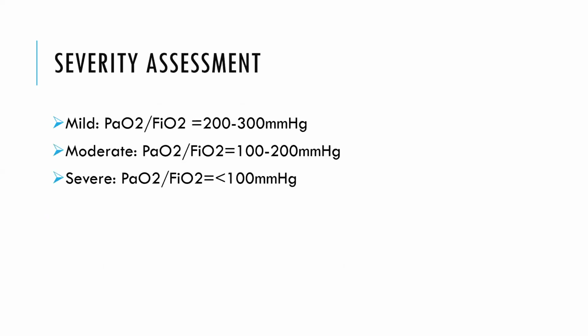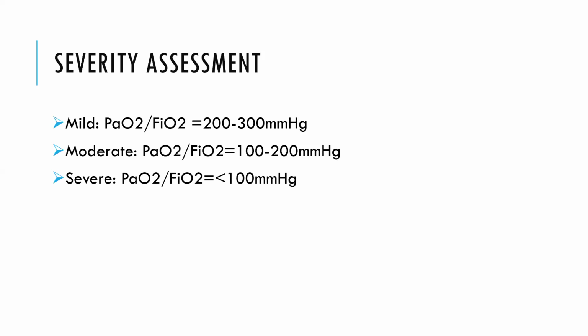All right, so risk factors. Now the assessment of severity. We usually use the PF ratio, that is PaO2 over FiO2, but with the Kigali modification, in places where we do not have ABG, you can use your SpO2 over FiO2. This will give you an indication of severity.